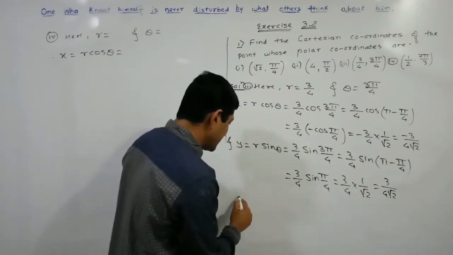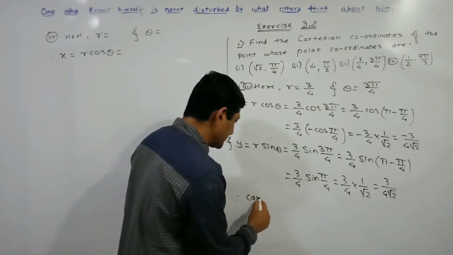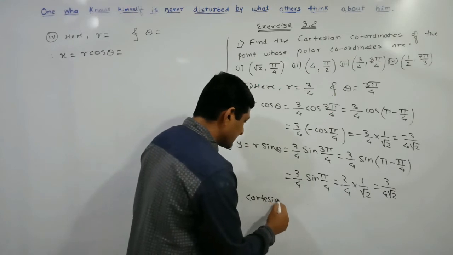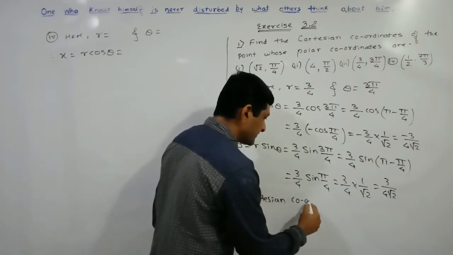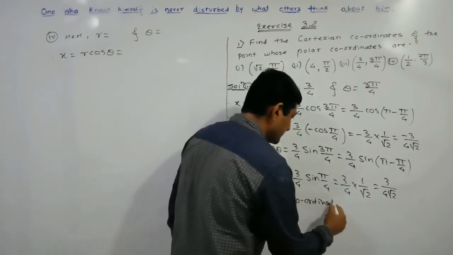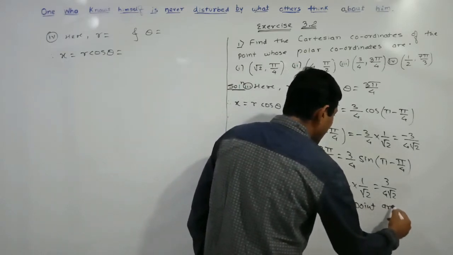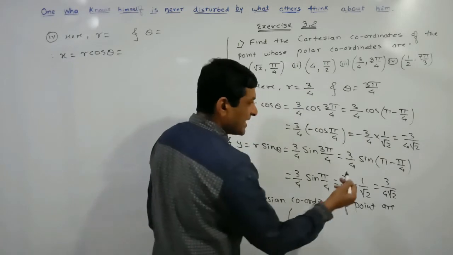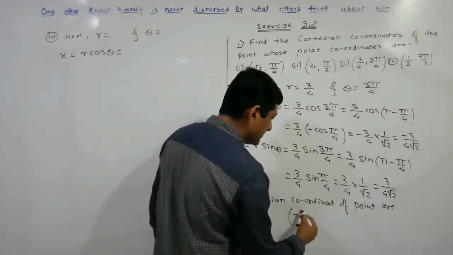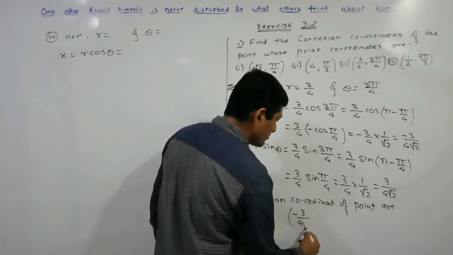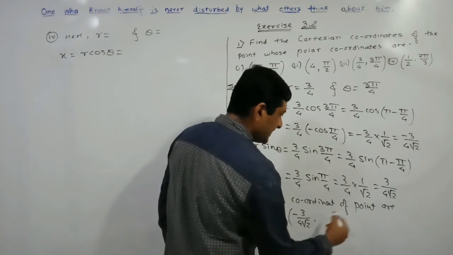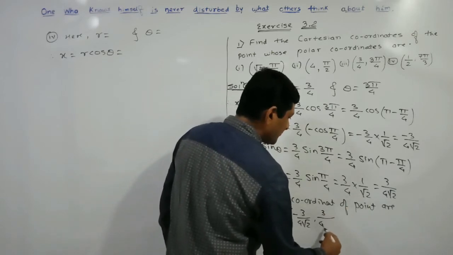That's why we can say that therefore Cartesian coordinate of point R. What are the Cartesian coordinates? X coordinate is equal to minus 3 upon 4 root 2, and y coordinate is 3 upon 4 root 2.